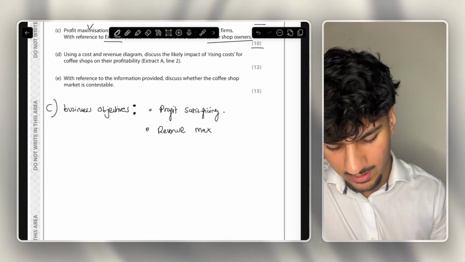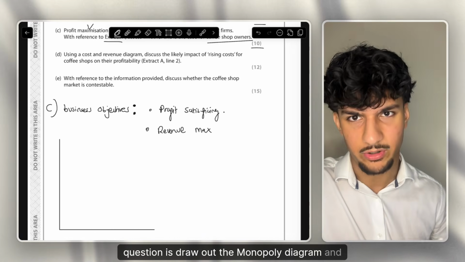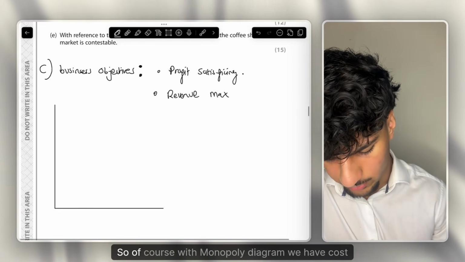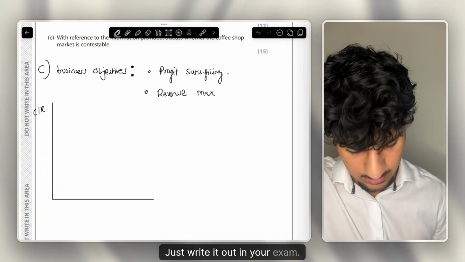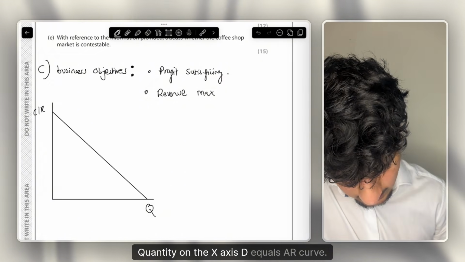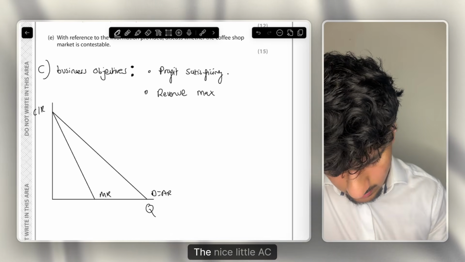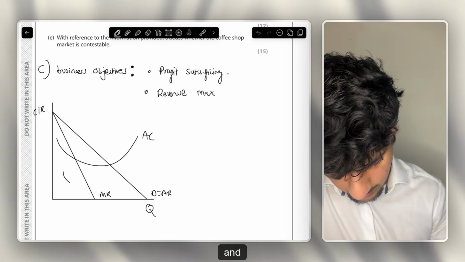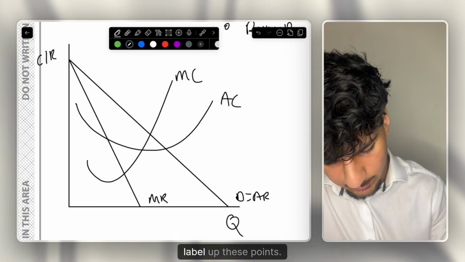So the first thing I do with this question is draw out the monopoly diagram, and we'll demonstrate here. With the monopoly diagram, we have costs and revenue on the y-axis, just write it out in your exam, and quantity on the x-axis, D equals AR curve, MR twice as steep as your AR curve, the nice little AC, and MC. And now let's get into the nitty gritty and label up these points.